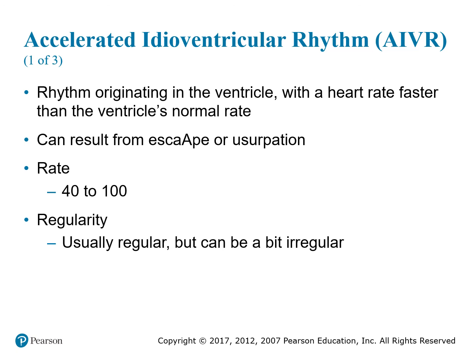An AIVR is usually considered a benign escape rhythm that appears when the sinus rate slows and disappears when the sinus rate speeds up. Episodes of AIVR usually begin and end gradually. It is also called a non-paroxysmal VT because it starts and stops so gradually.